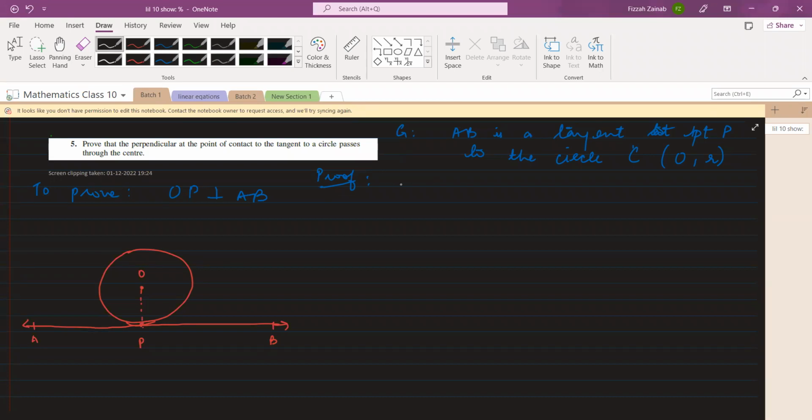So first of all, we know that, since AB is a tangent at point P, that means OP is perpendicular on AB.